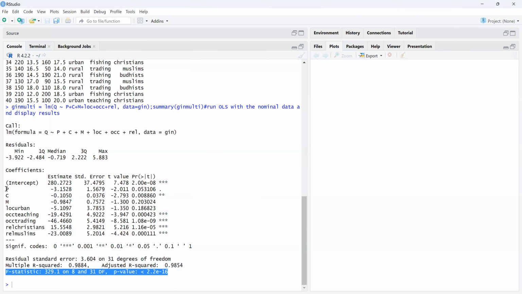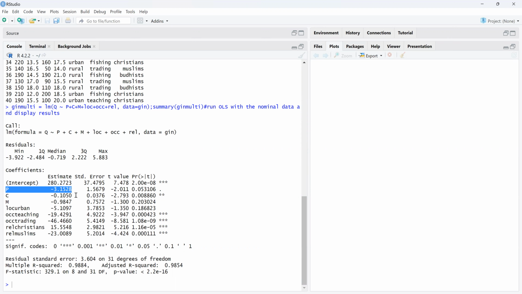Let's start with price. The coefficient of this independent variable price is -3.15. R calls it the estimate. Excel calls it the coefficient. The negative 3.15 is the coefficient. How do you interpret it? This is how you do it. Because regression is an average measure, you start with something like on average.